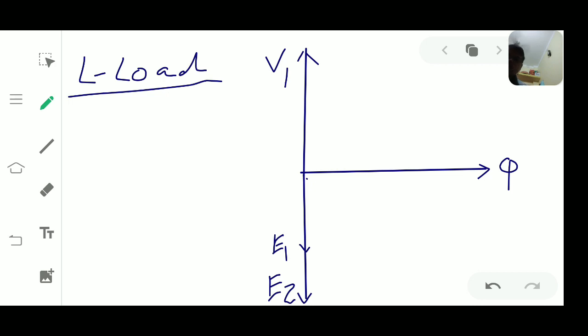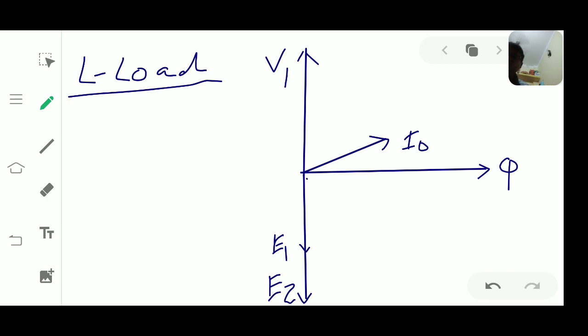Step by step, the next step is to draw the no load current. These are the common steps which we have already been following in the previous lectures.